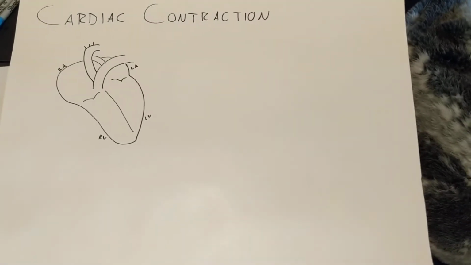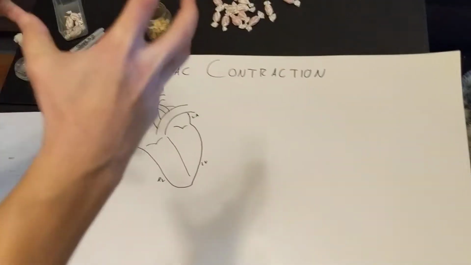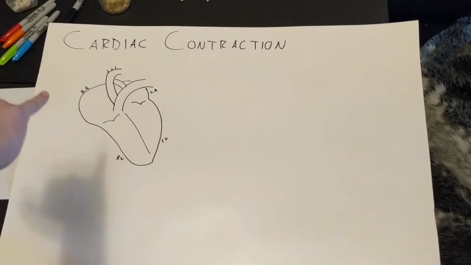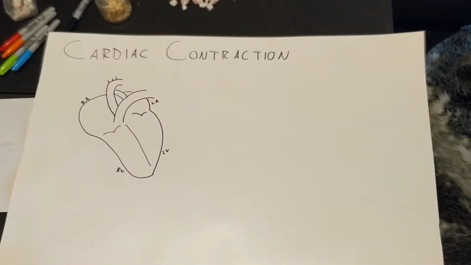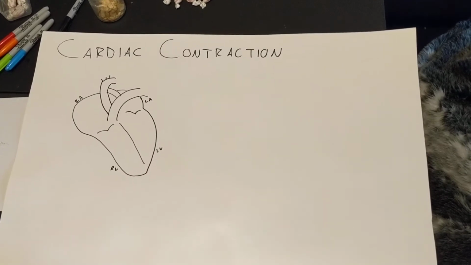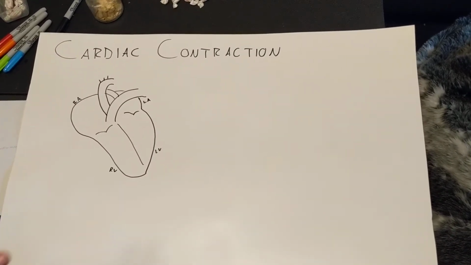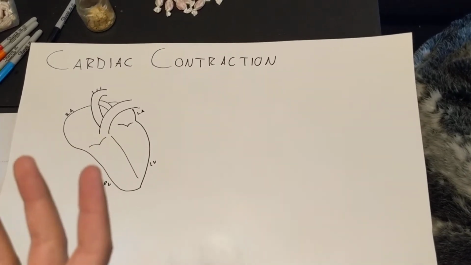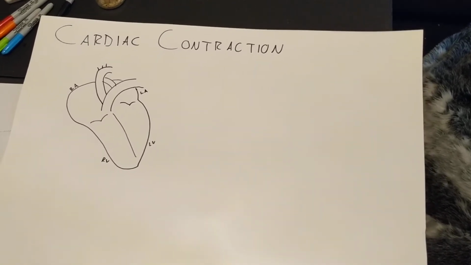How we get those contractions, that pushing motion from the atria and the ventricles, has to do with cardiac contraction. So, we have an electrical impulse. When we talked about our skeletal muscles, that electrical impulse came from the brain.